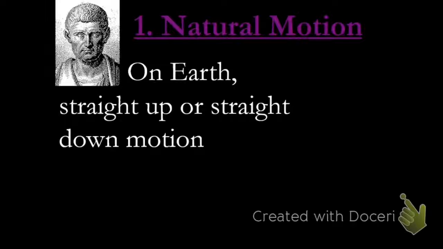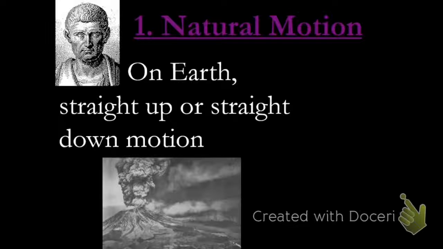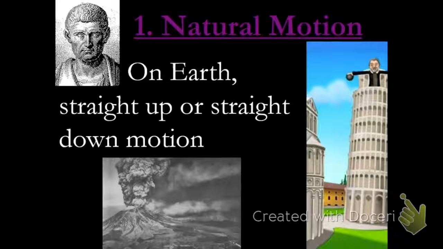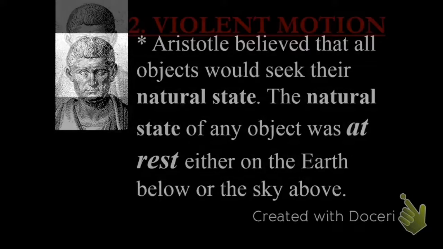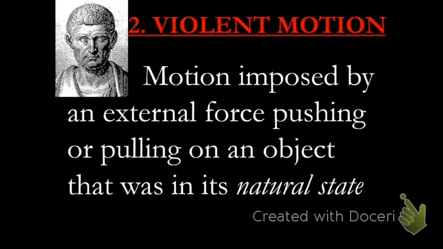Natural motion, according to Aristotle, was straight up or down motion here on Earth. He basically was understanding gravity. And he thought that things either belonged at rest on the Earth or in the sky, and that was the natural state of things. Only through applying a force, an external force, pushing or pulling an object, would something be removed from its natural state.